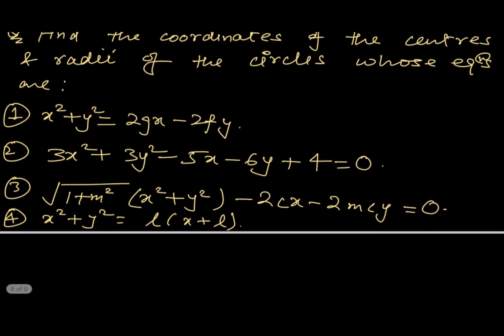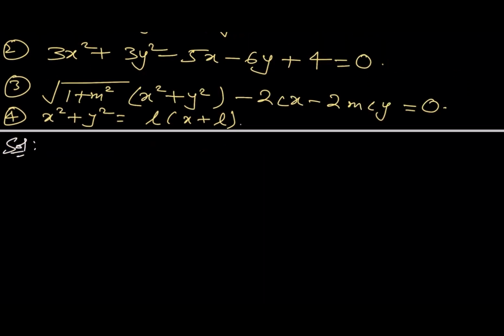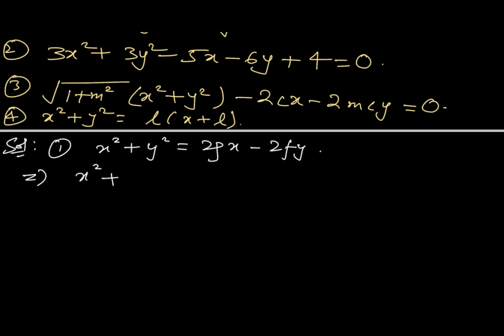Now let us do one by one. First is x square plus y square is equal to 2gx minus 2fy, right? So I will write it as x square plus y square minus 2gx plus 2fy is equal to 0.